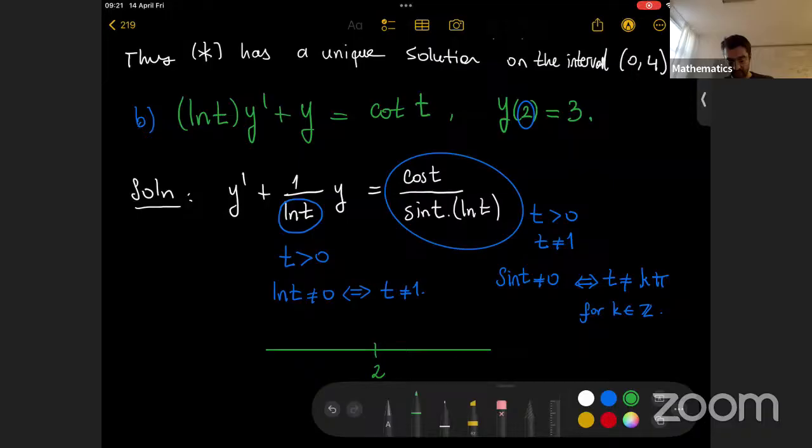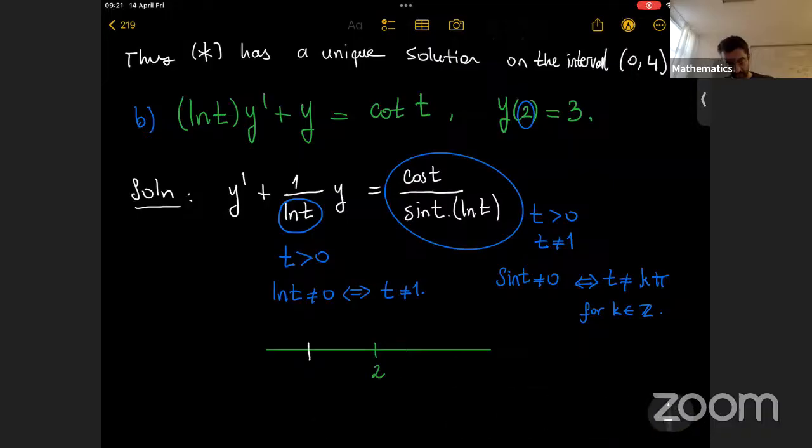That means we will start at 0. 0 is not included because t is strictly positive. T cannot be 1. 1 is a problem point. So here we have 1. That means we cannot go further than 1 because 1 is a problem. Okay.